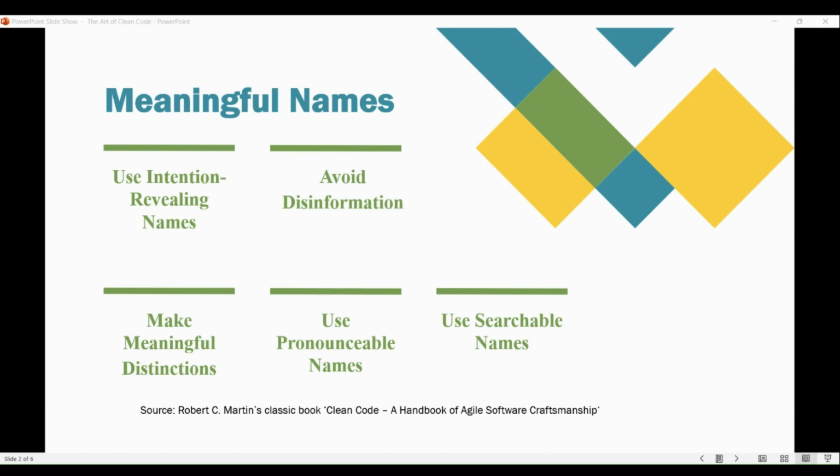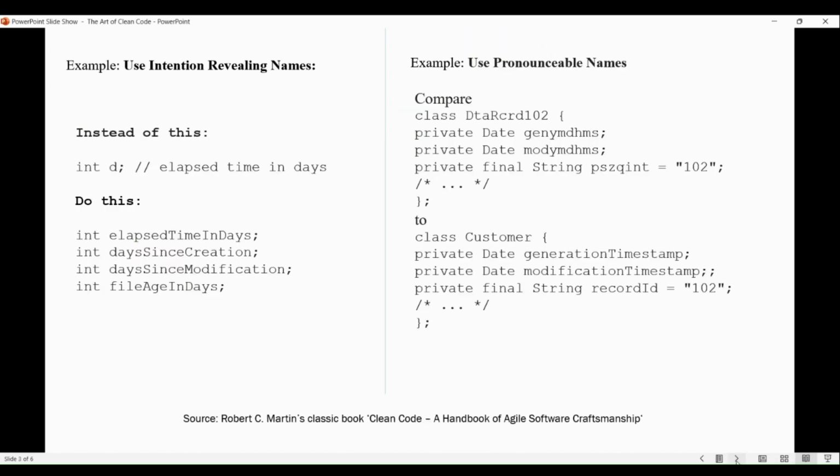And why does that matter? Because programming is a social activity. You're not the only person in your team. You have other teammates with whom you will have to discuss your code. So the names of the entities that you are creating must be pronounceable as well.